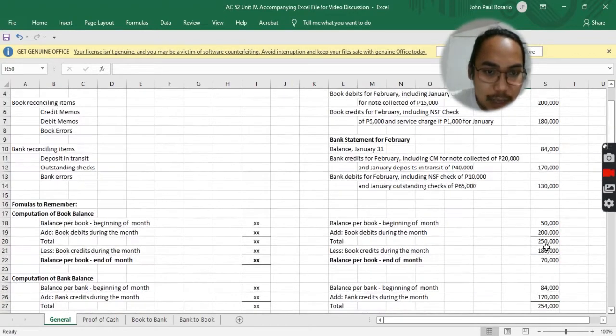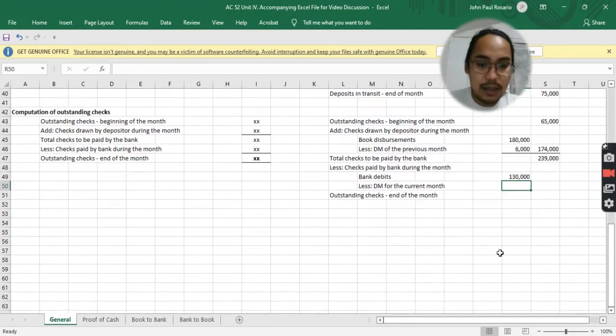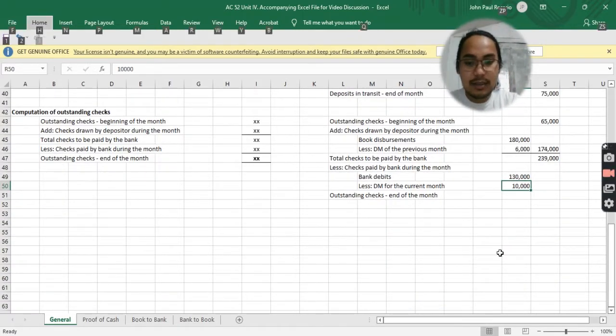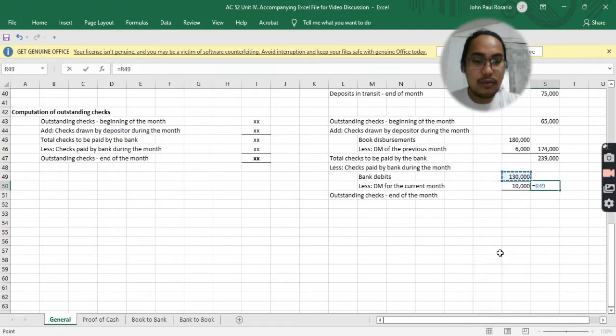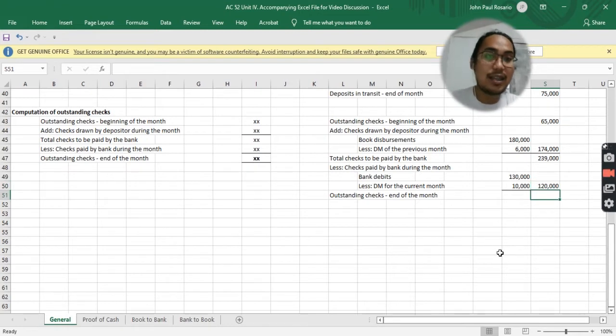For this month, we only have an NSF check worth 10,000. So total checks encashed amounts to 120,000. That will give you an ending outstanding check for the month amounting to 119,000 outstanding checks at the end of the month.